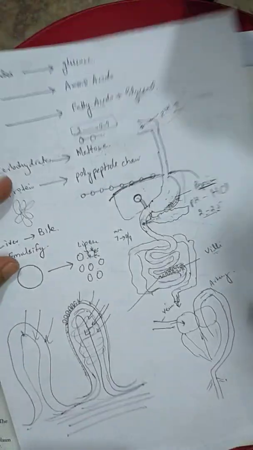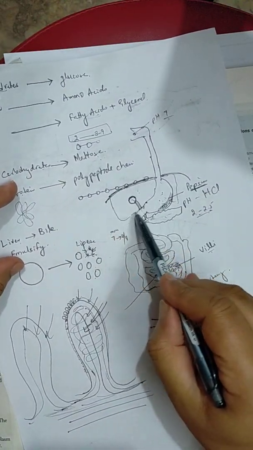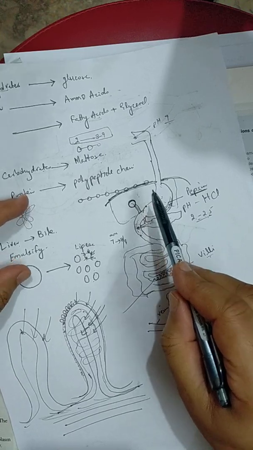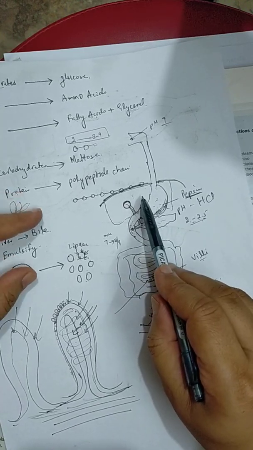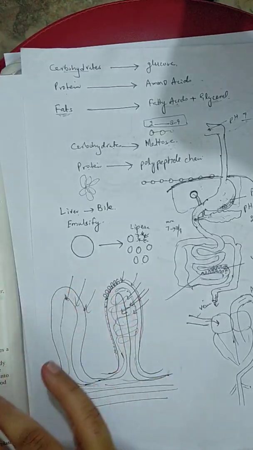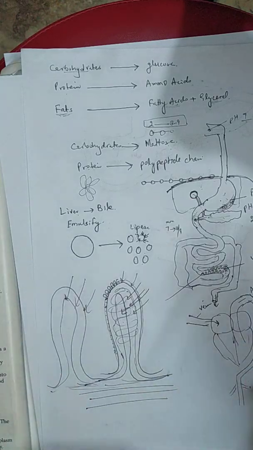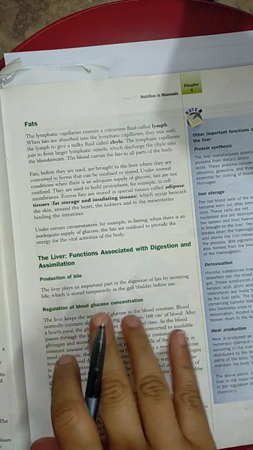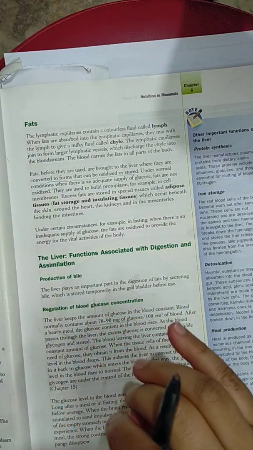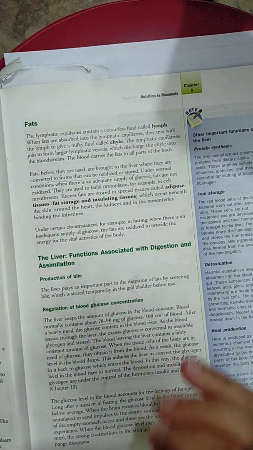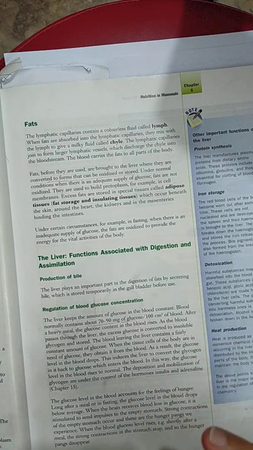I told you that the liver helps in the process of digestion and also in assimilation. So here you have read about the assimilatory role of the liver. So what are its functions? The liver is not just performing these two roles, it is also performing many vital roles for our body.